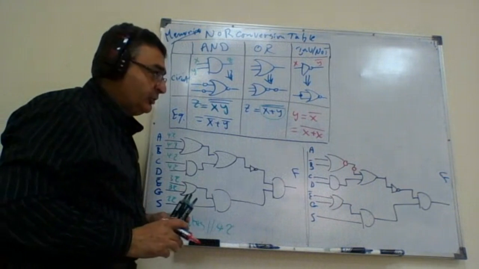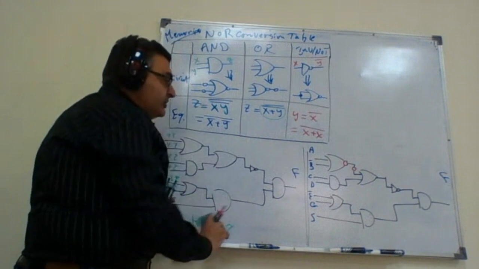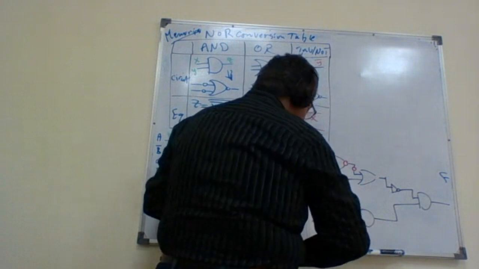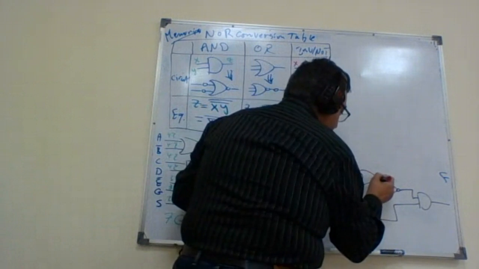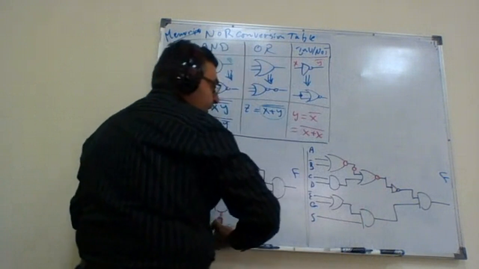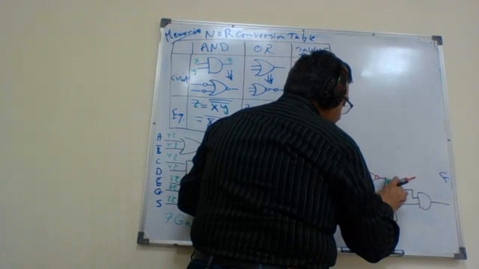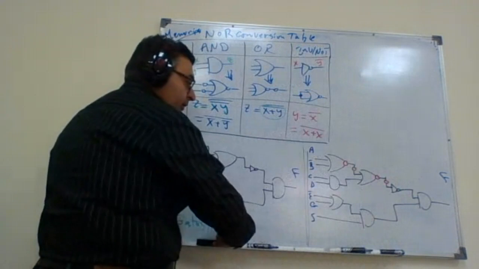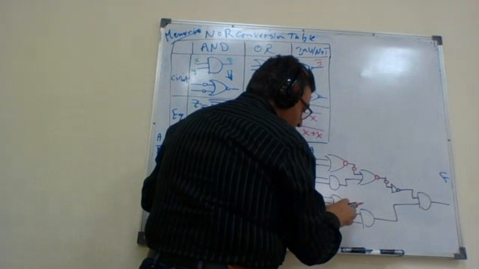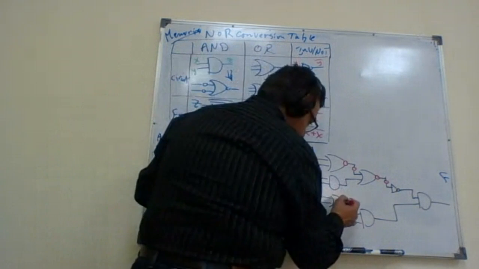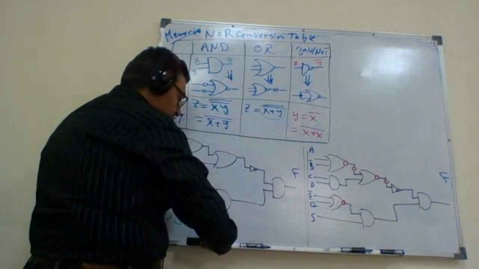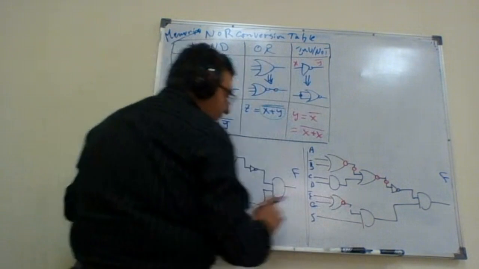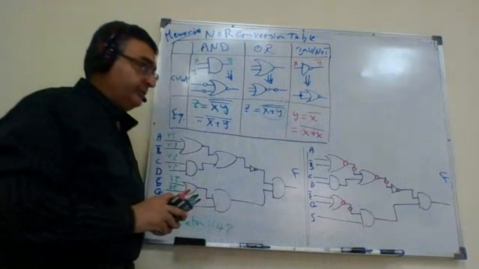So there is no change in the logic. I will repeat this for all the OR gates. This one as well, I have it converted to a NOR and add one extra inverter here in the wire. Third, here also this OR, adding two inverters. One makes the circuit NOR and the other compensates for the logic.